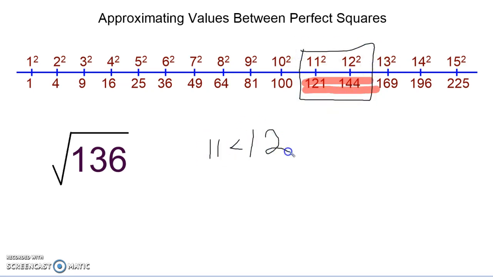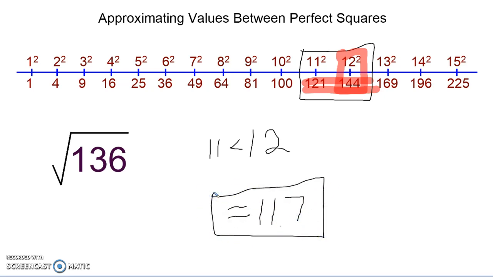The next thing we need to determine is, is 136 closer to 121 or closer to 144? It is closer to 144, but not by a lot, but it is. So we know it's going to be closer to 12, which means it's going to be above 11 and a half. So I'm going to go about 11.7 is about where the square root of 136 is.